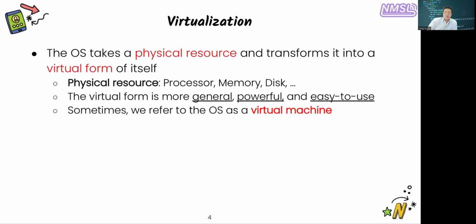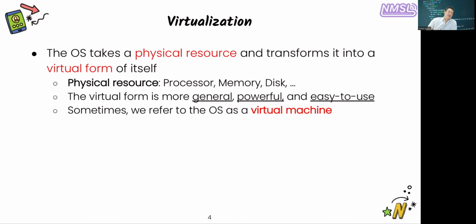Throughout the semester and in the textbook we're using, there are three main concepts. The first one is virtualization. If you took 209, we talked about this, because this is one of the most beautiful concepts in systems.